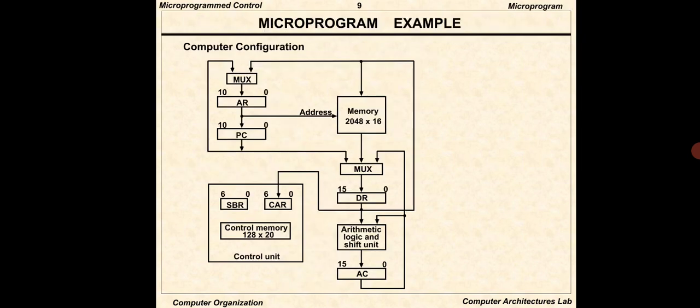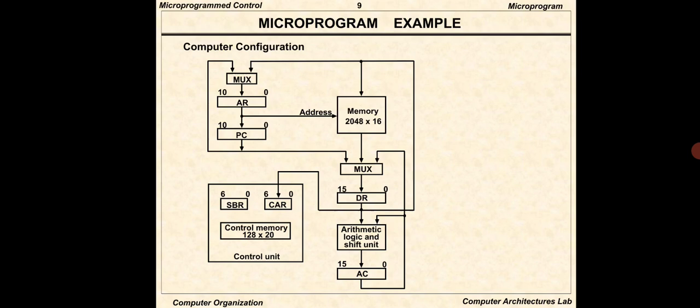Next, let us come to a small example of a microprogram. Here is a normal computer configuration. Here you are going to have a multiplexer, address register, program counter, and a normal memory. Next here, mux, data register, ALU unit, and accumulator. And next, there is a separate block known as the control unit block.